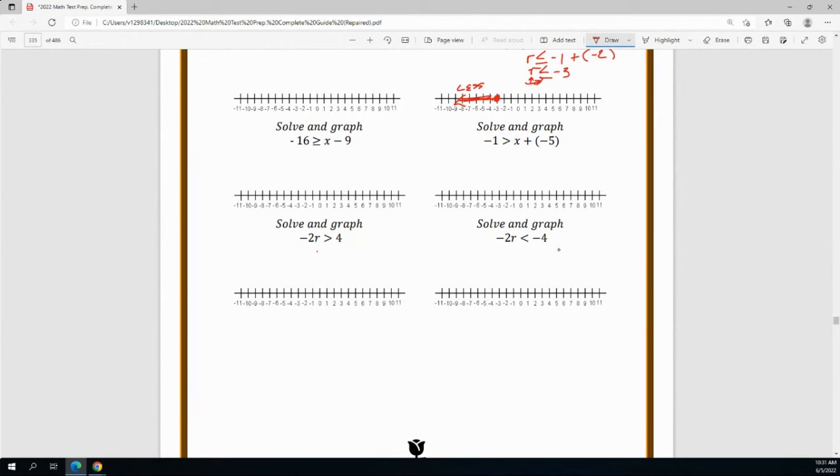Now, there is something that happens anytime a negative number is being transferred to the other side. This can be moving from the left to the right or from the right to the left. Anytime a negative number is transferring from one side to the other, the sign, the inequality, will flip directions.